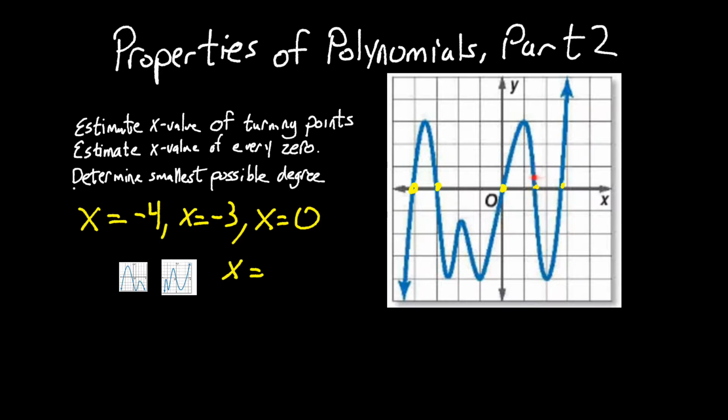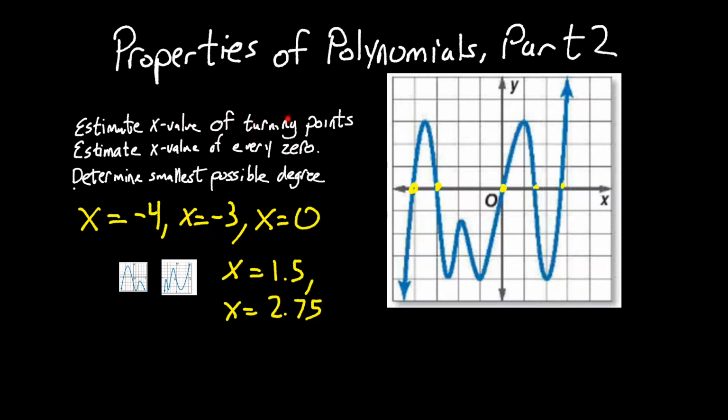It looks like it's kind of in between 1 and 2, so we can say x equals 1.5, and then finally here, this one looks like it's kind of between 2.5 and 3, so you could say 2.5, but I'm going to say x equals 2.75. I'm going to try to be a little more precise there. And that's all we have to do for these.